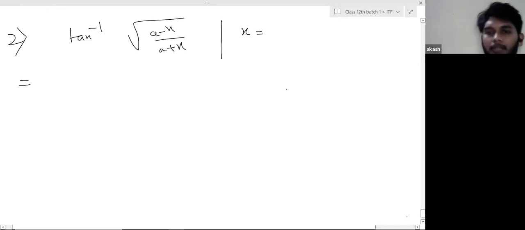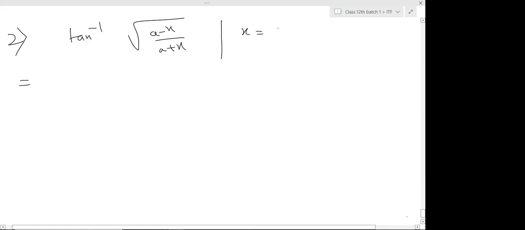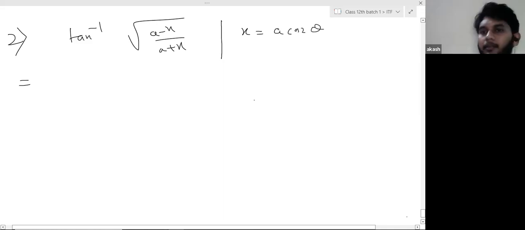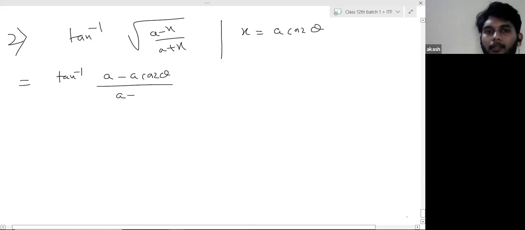What substitution shall we do here? Sir, x is equal to a cos 2 theta. x equals a cos 2 theta. Right? So now we have tan inverse of under root a minus a cos 2 theta upon a plus a cos 2 theta. And this is equal to tan inverse.